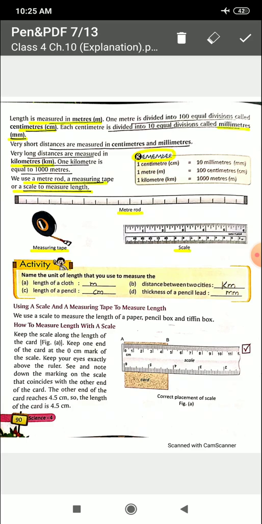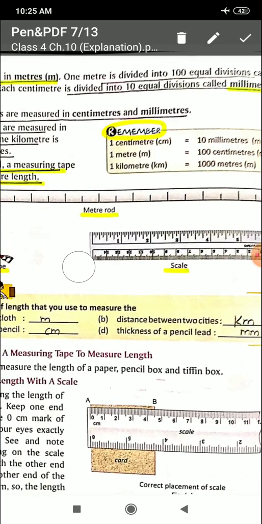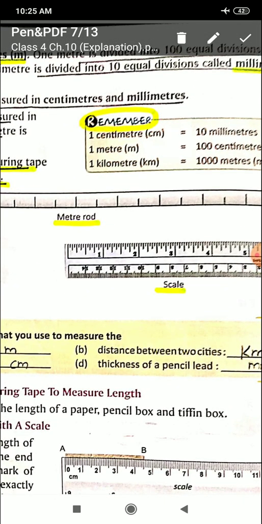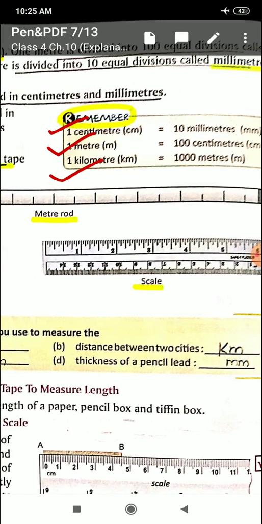Now look here carefully. The three main units to measure length are centimeter, meter and kilometer. 1 centimeter is equal to 10 millimeter, 1 meter is equal to 100 centimeter and 1 kilometer is equal to 1000 meter. This is the relationship.